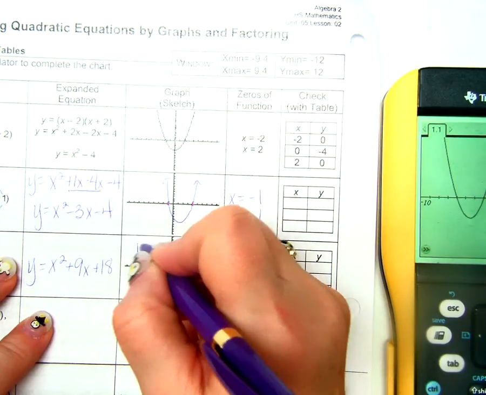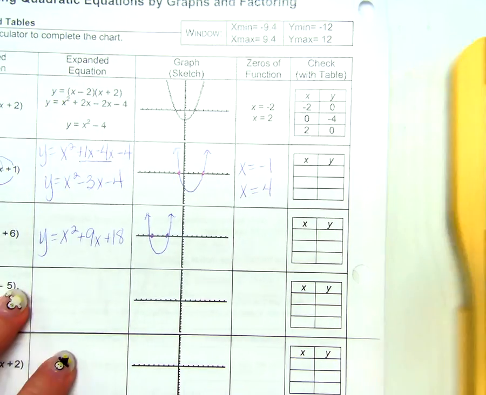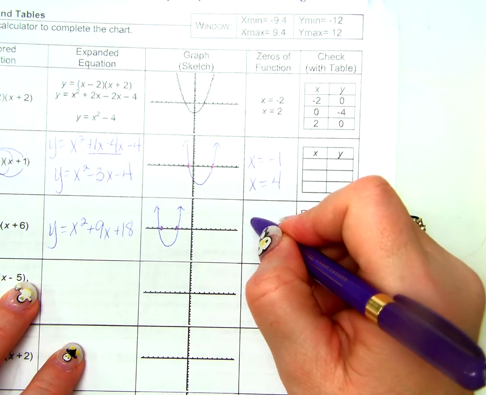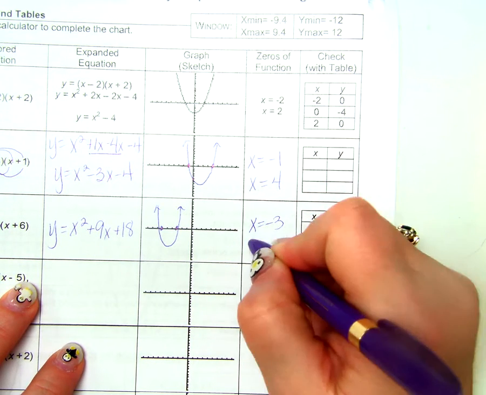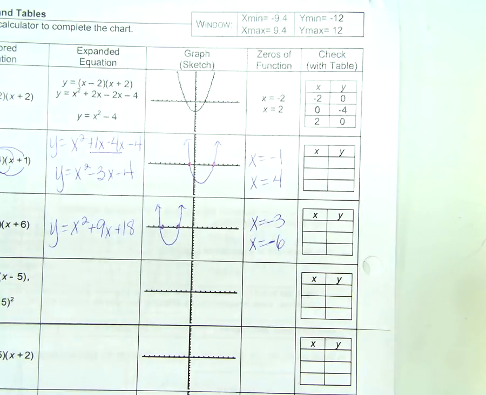So, oh, I didn't even go through the points. Act like I went through the points. Sorry. So where are my zeros? X is -3, X is -6. Okay so far? Okay.